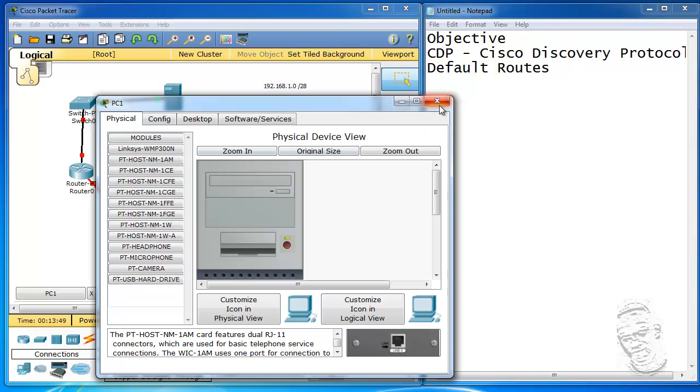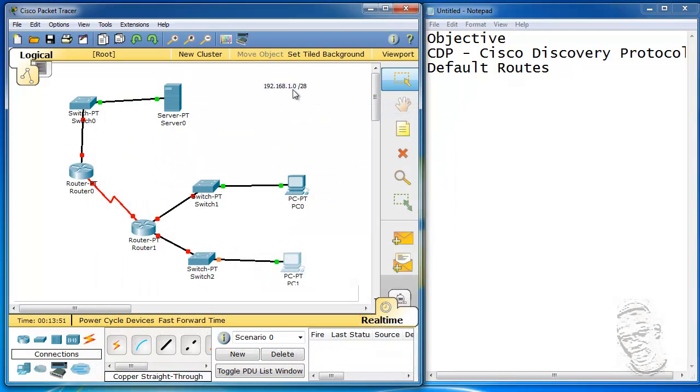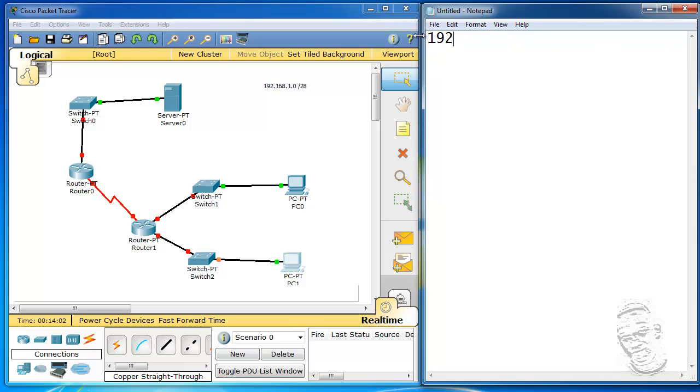Alright, given that this IP address is 192.168.1.0, I'm going to subnet this into a /28. We're first going to go over to my text file. I'm going to put my IP address, and our slash notation is /28, meaning that is 28 ones.